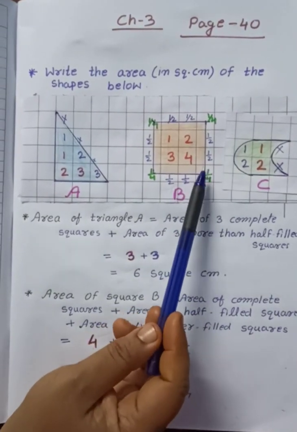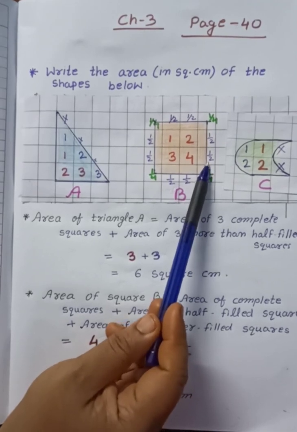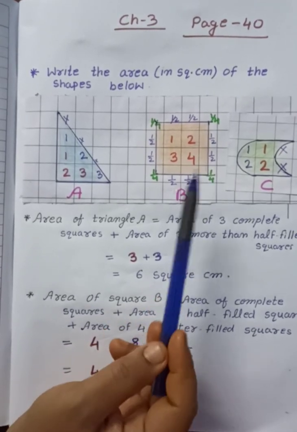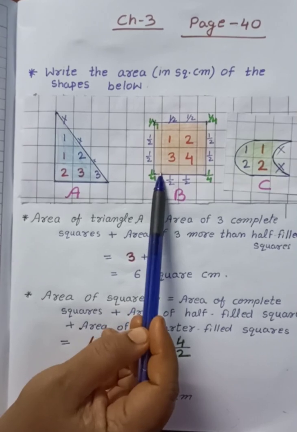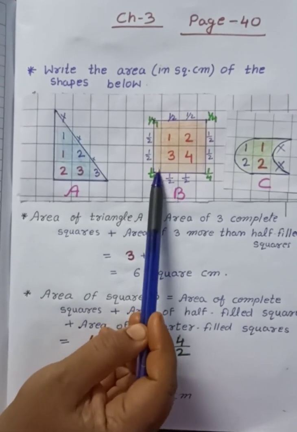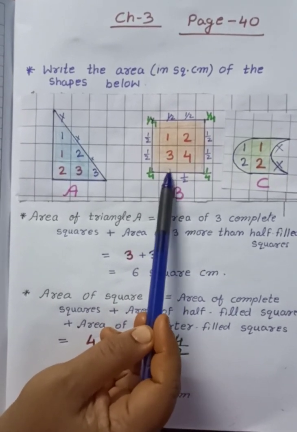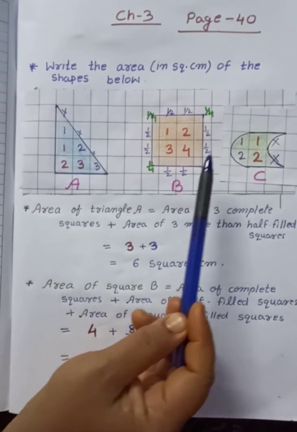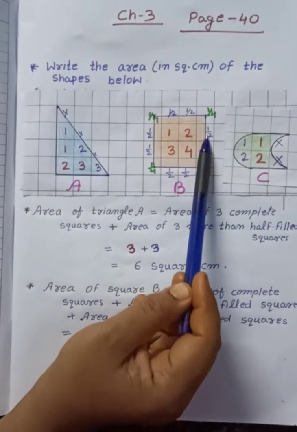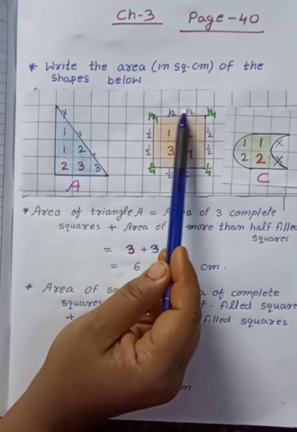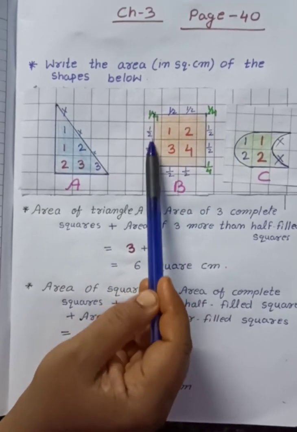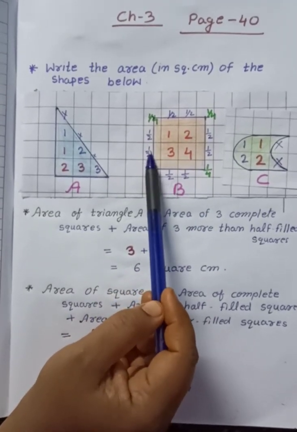Then let's see how many half filled squares are in this figure. Here you can see very carefully. Look here. Half, half makes 1. And here again half, half makes 1. Here is also 1, and here also half plus half makes 1.